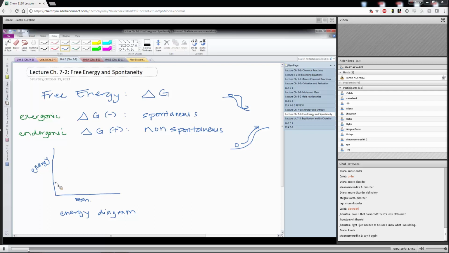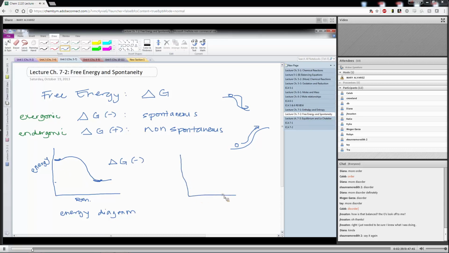So if I start at a high energy level for my reactant, and I end at a low energy level for my product, that would be spontaneous, because that would be a downhill process. That would be like the ball rolling downhill. My delta G is negative because my products have less energy than my reactants, so that energy must have been released.